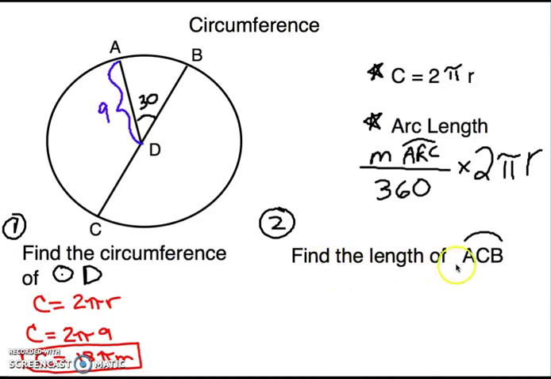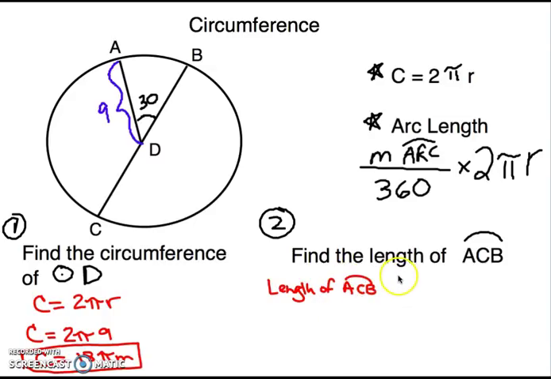So this one wants us to find the length of arc ACB. So again, we're going to look up at this circle, and for this one, I'm just going to write length of ACB.